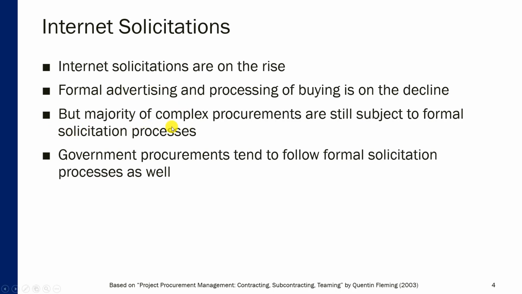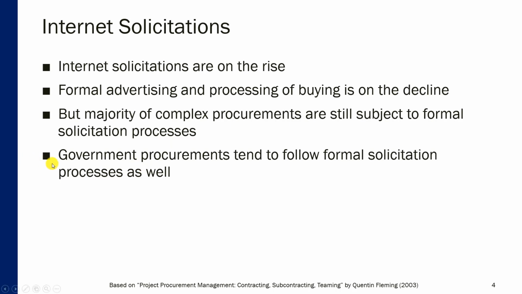But still, the majority of complex procurements are still subject to a formal solicitation process. They cannot be based on a simple Google search in order to identify a potential list of viable vendors, and then after identifying this list, you just go ahead and start working with them. So the majority of complex procurements are still based on a formal solicitation process.